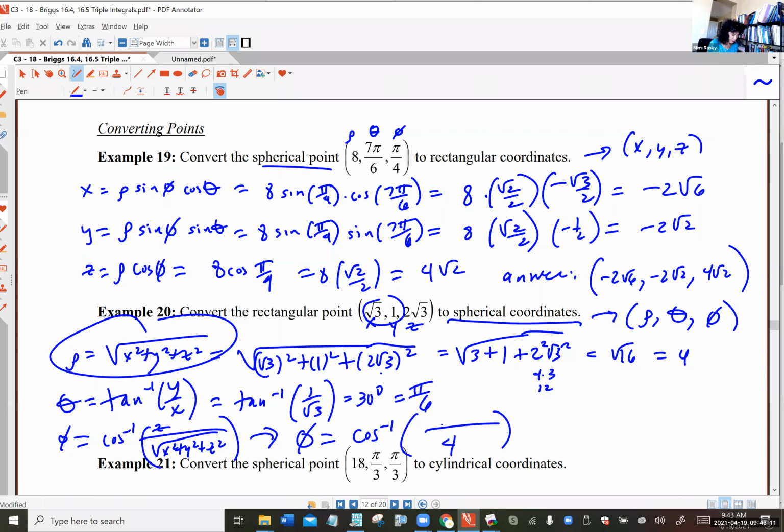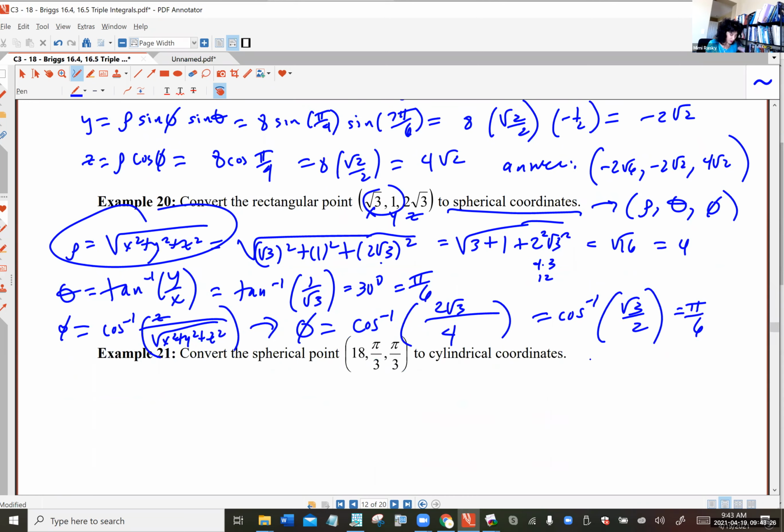And then z is 2 square root of 3. So this is cos inverse, after reducing, of square root of 3 halves. And that's going to give me, I believe, pi 6. So my final answer, the spherical coordinates point is 4, theta was pi 6, and phi is pi 6 too. Does that always happen? No, but we got lucky.